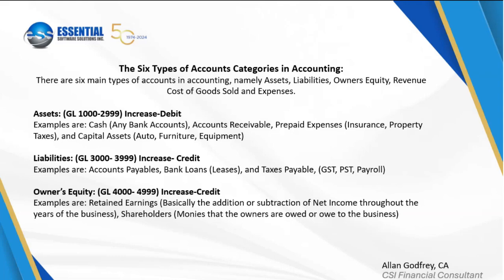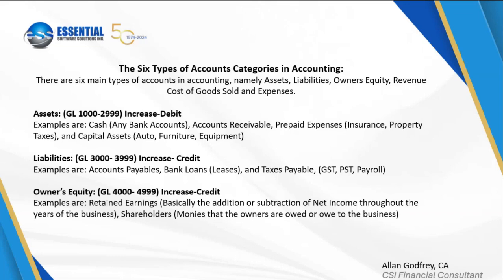Now, prepaid expenses are something like, say you had insurance for the year and it was $1,200. You don't want to expense that in the month that you received it. You want to expense it every single month as you march throughout the year. So when you do an entry for, say, insurance or property taxes, you can post it all to the asset of prepaid expenses.